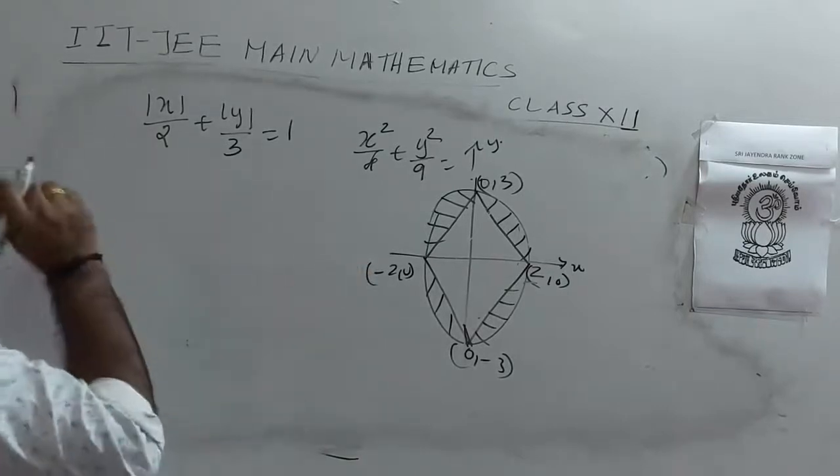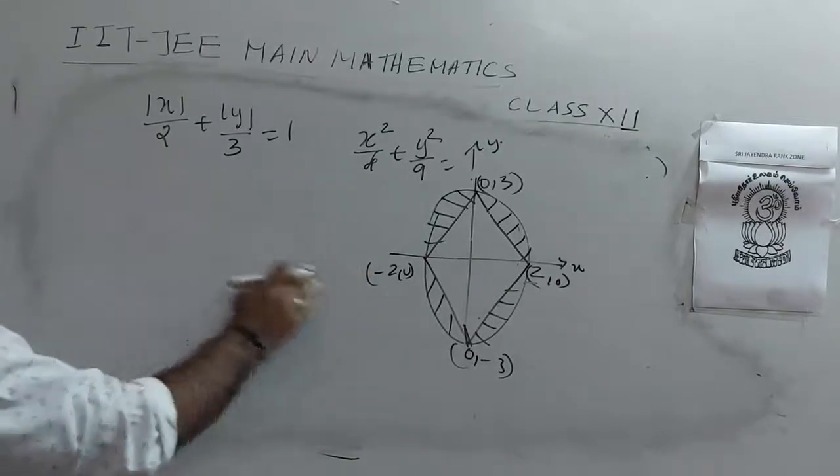This is outside this straight line. This is the required area.